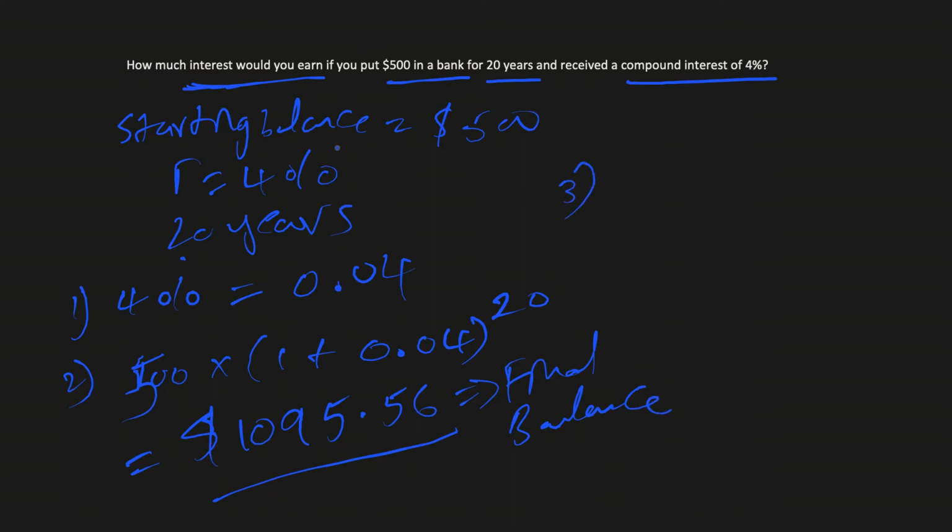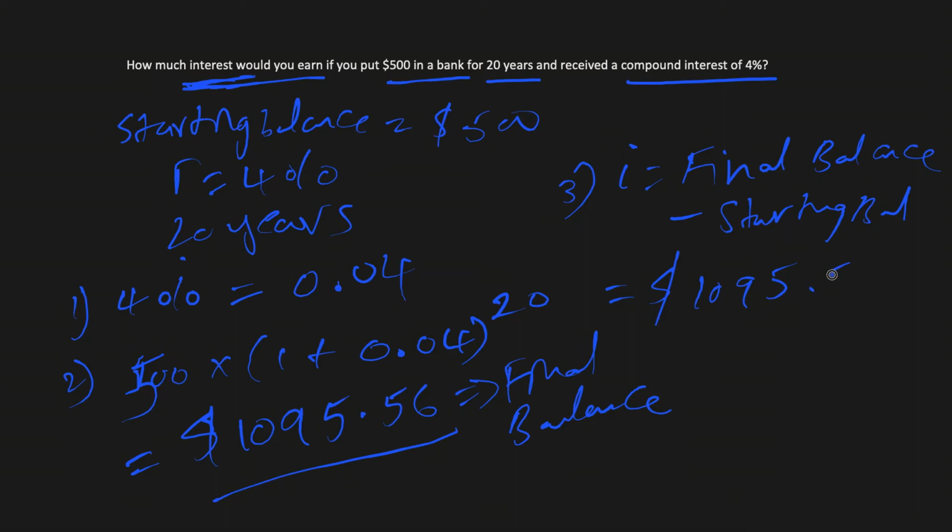In the third step, we'll calculate the actual interest earned, which is nothing but final balance minus starting balance. So from step 2, we know our final balance is $1,095.56, minus our starting balance, which is $500.